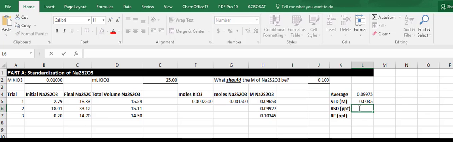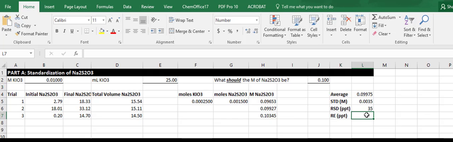Now, standard deviation parts per 1,000, what we want to do is take the standard deviation and divide it by the average, multiply that by 1,000. So equals, actually let's just do this, U divided by U times 1,000. Done. Oh, that's not pretty.